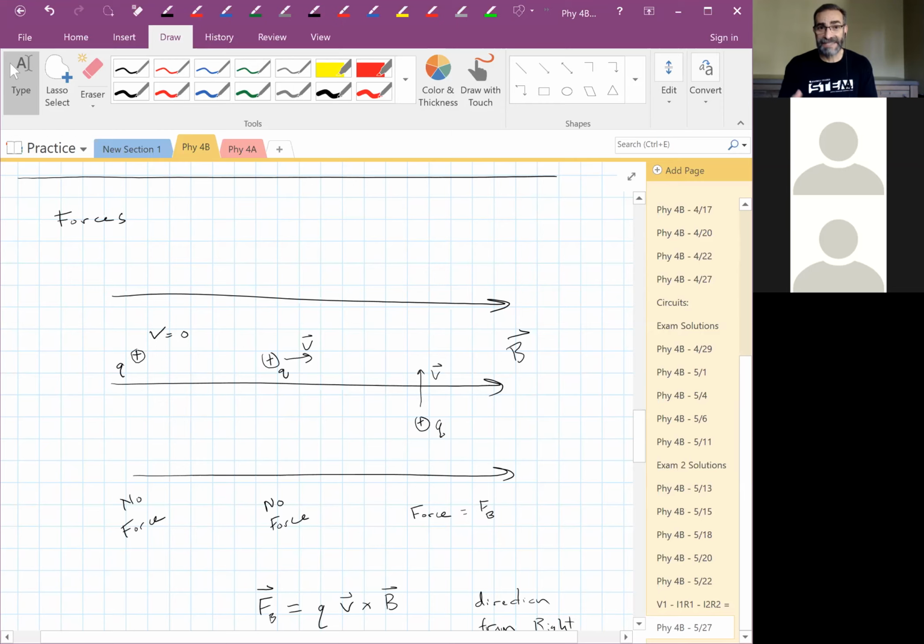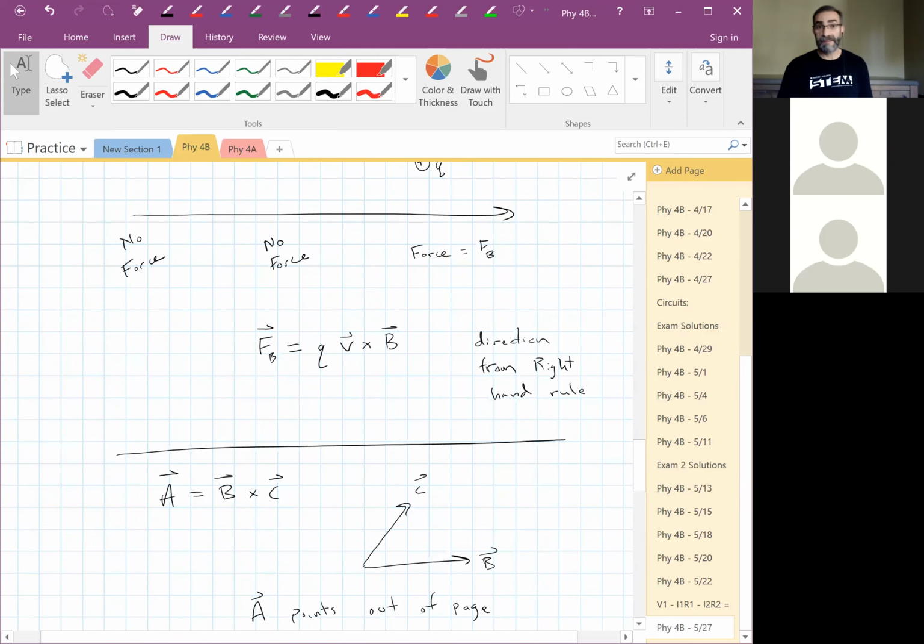It has to have some component of its velocity perpendicular to the magnetic field lines. And then the force it feels is perpendicular to both its velocity and the magnetic field. That's just weird, right? That's just crazy. But that's the way it is. Once we accept that, then it follows that the force from the moving charge is always perpendicular to its motion, so it can't possibly do work.